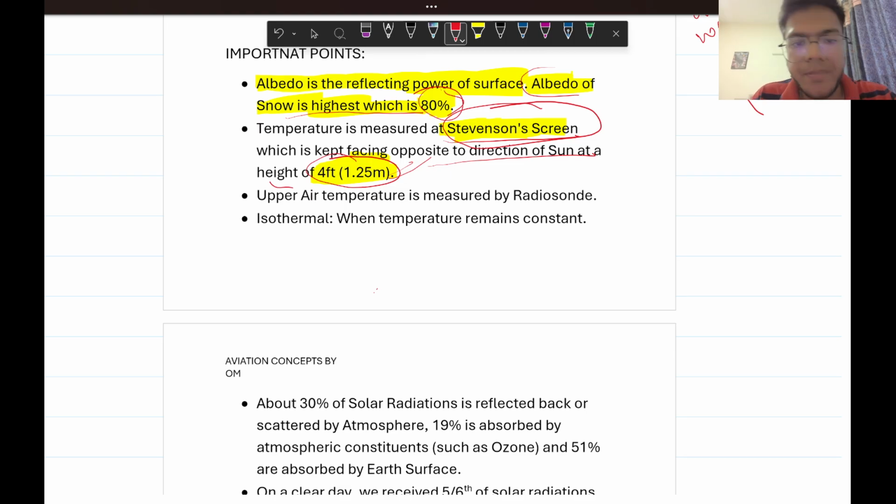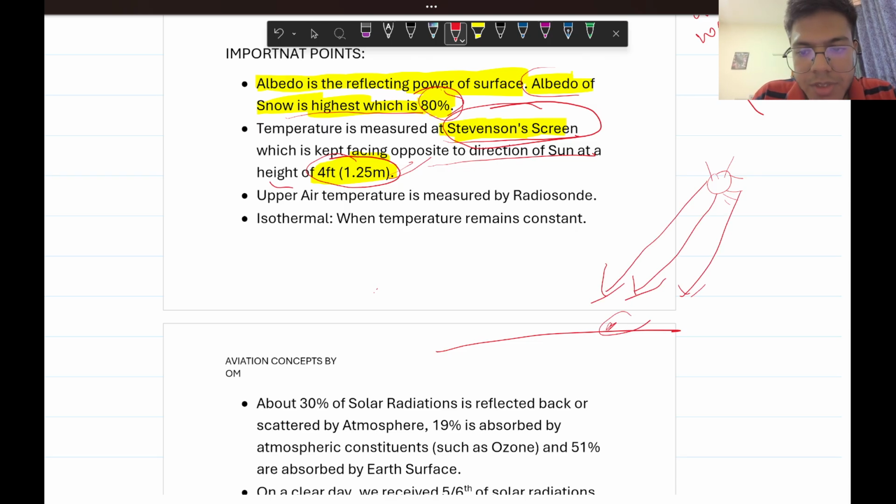The reason is that if I place it in the direction of the sun or on the ground, the radiation comes directly and the ground has the highest temperature at that time, so it will not show the true temperature. It will show a higher temperature. So we placed it at some height, 4 feet from the ground, so that it shows the true temperature, and in the opposite direction of the sun, so it will sense the complete temperature, not the radiation coming directly from the sun. So guys, this is the reason behind this.